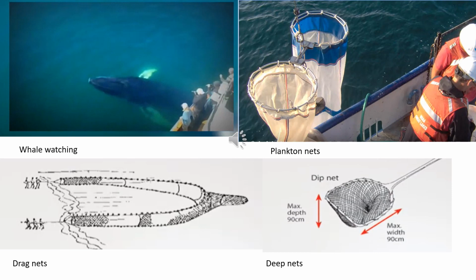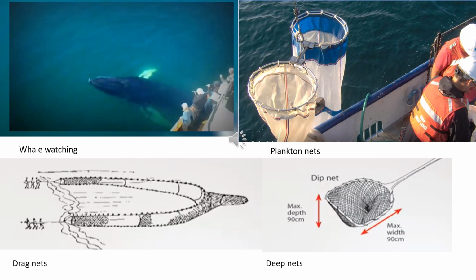Plankton nets are just nets that you use to collect plankton. They have a very thin mesh, and you can vary the density or the thickness of the mesh to collect the different varieties of plankton you are interested in.